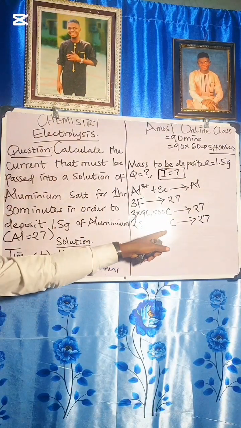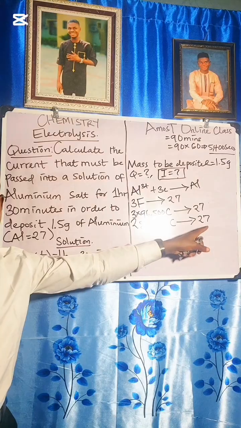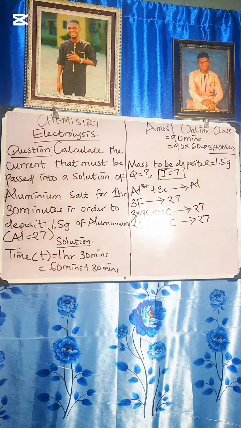Therefore, 289,500 coulombs will be required to liberate 27 grams of aluminium.